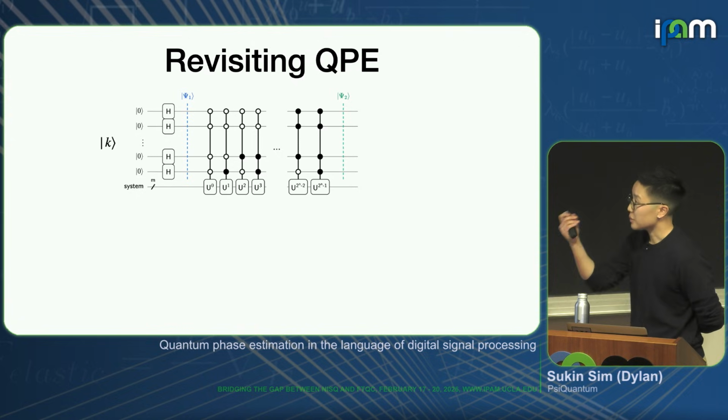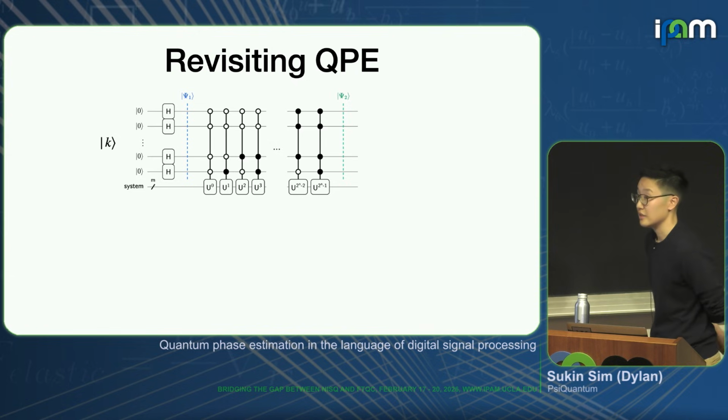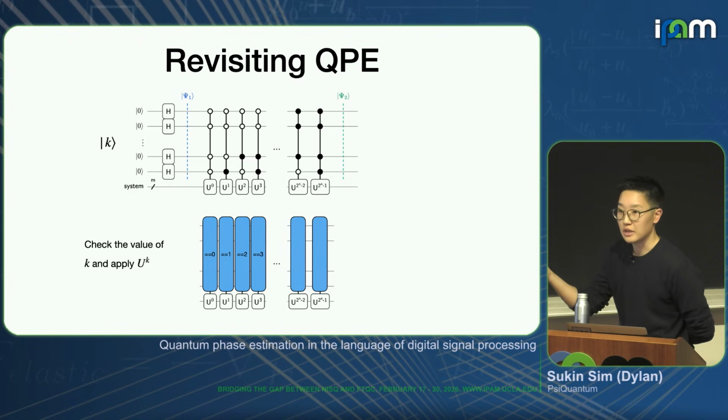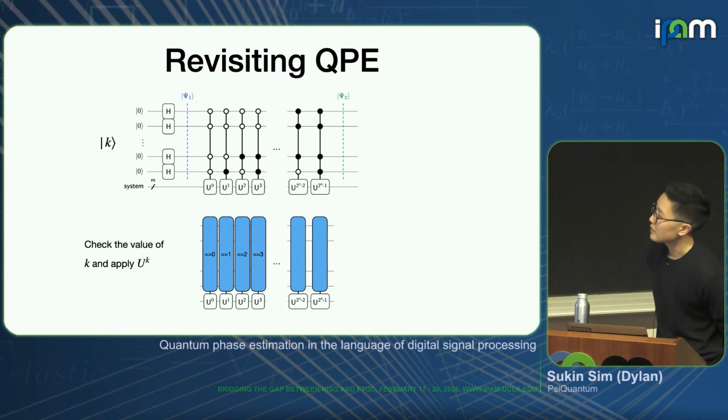Once we replace the controlled powers of U using the naive construction, let's try to understand what's really happening. In the first case, we're checking if K equals 0 and applying the corresponding power of U, U to the 0, which is the identity gate. The next gate would simply check if K equals 1 and apply U to the 1, et cetera.